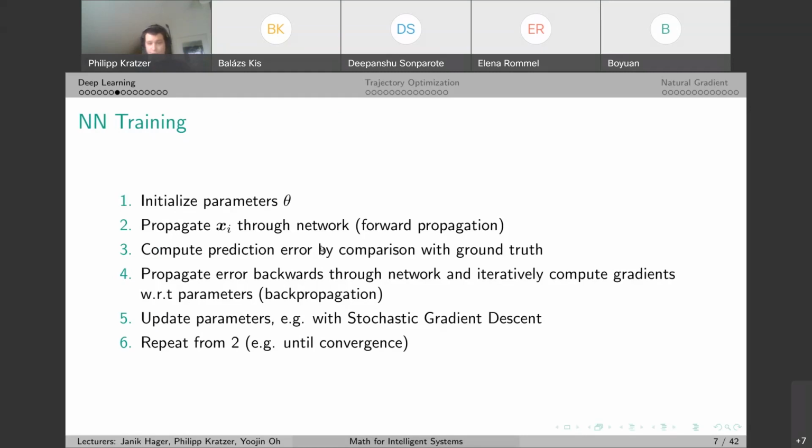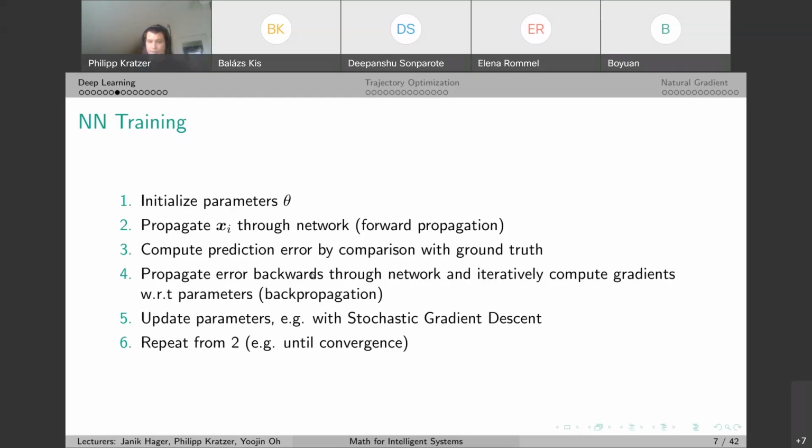Then we compute the prediction error by comparing the output with the label that corresponds to the input. And then we propagate the error backwards through the network and iteratively compute gradients, which is called backpropagation, and which is a general part of neural network training.